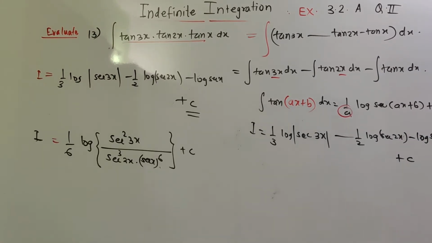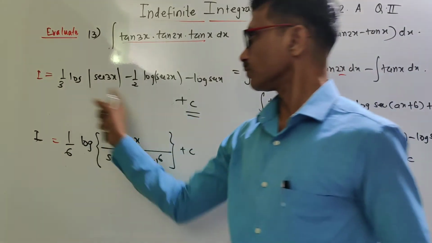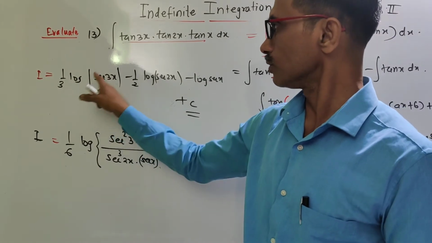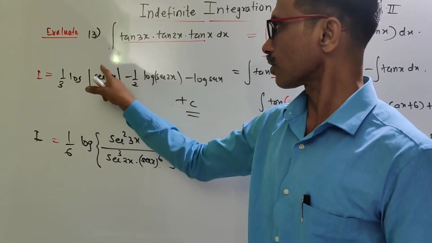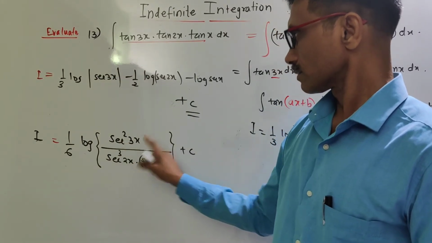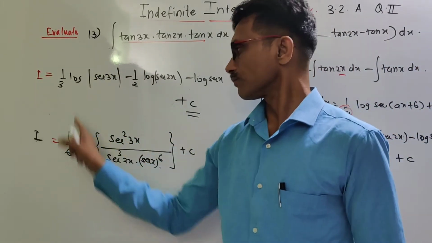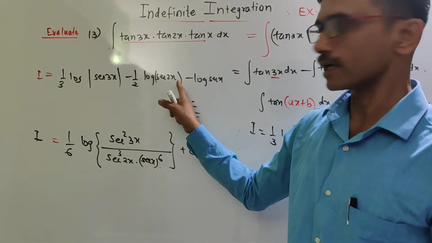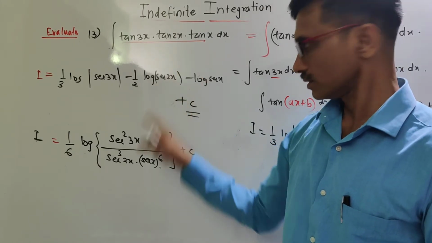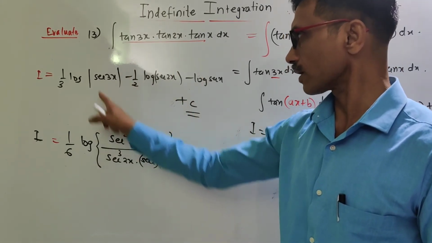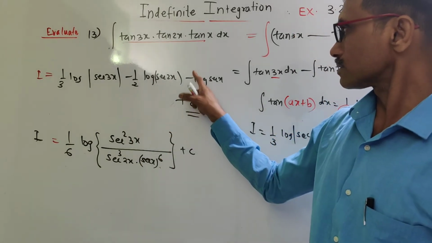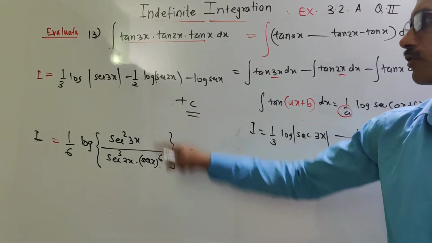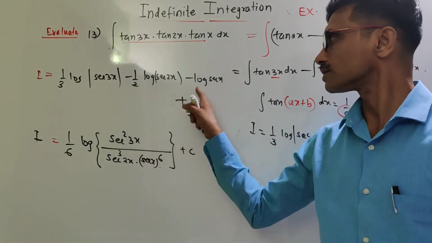We can put the answer in another form. 3 and 2 LCM is 6, so 1 by 6, here it will be multiplied by 2, log of sec 3x square, minus, as we are taking 6 common, here it will be 3, so minus 3 log sec 2x, that means log of sec 2x cube. It is in the denominator because minus log n minus log n, and this is 6 times log of sec x, so raised to power 6. So we can put it in this form or this form.